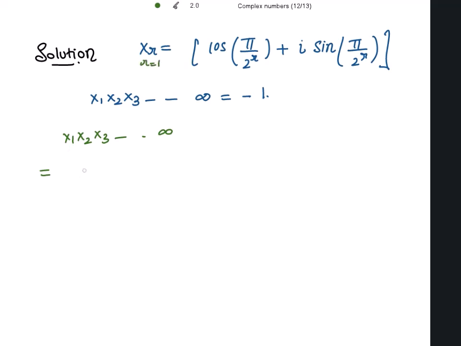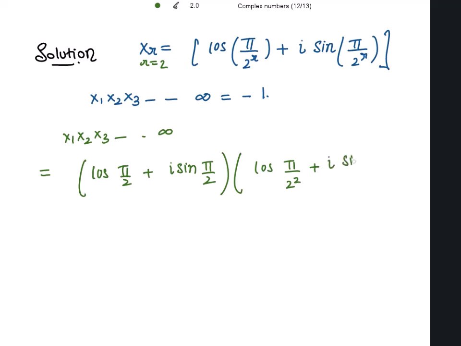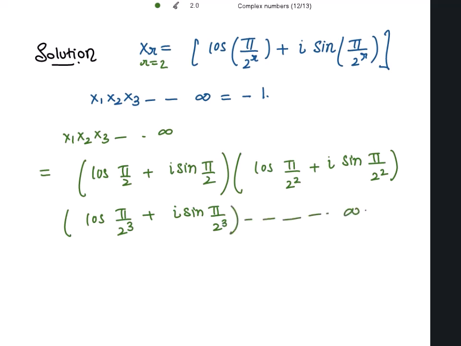We get cos of pi by 2 plus iota sine of pi by 2, and then for x2 we put r equal to 2, so we get cos of pi divided by 2 square plus iota sine of pi divided by 2 square, and then x3, that is cos of pi divided by 2 cube plus iota sine of pi divided by 2 cube, and so on up to infinity, right?